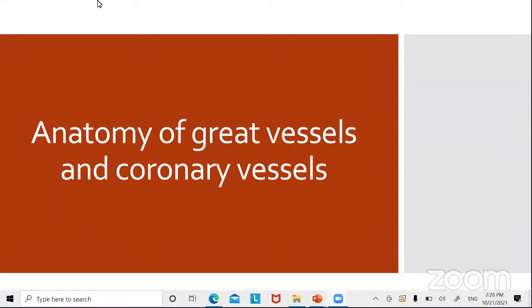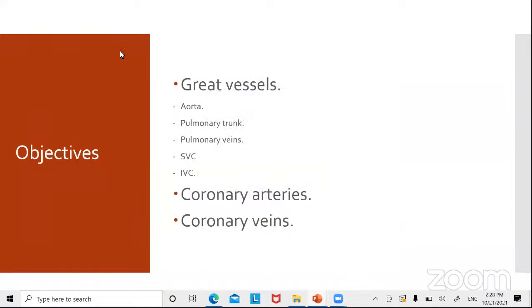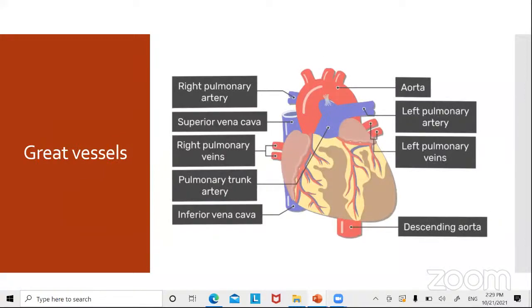So I will start with my second lecture, the anatomy of the great vessels of the heart and the coronary arteries and coronary veins. The great vessels of the heart are located in the mediastinum.